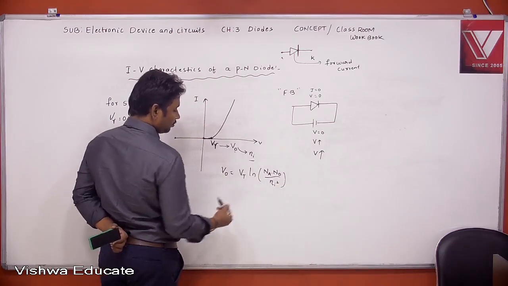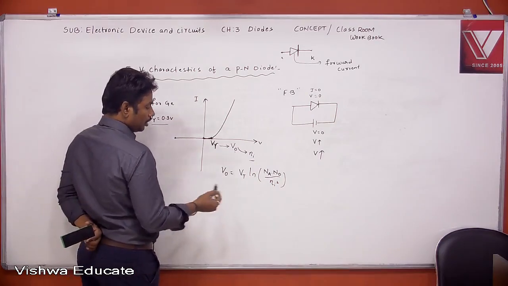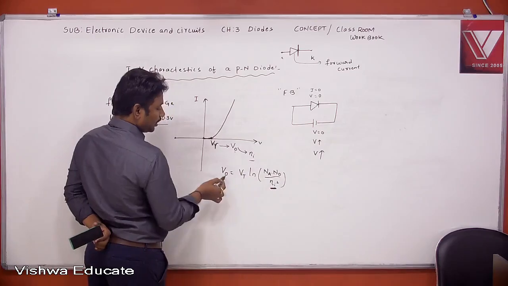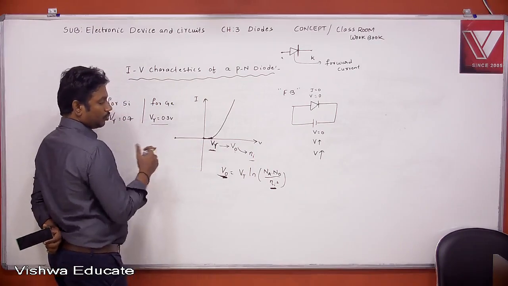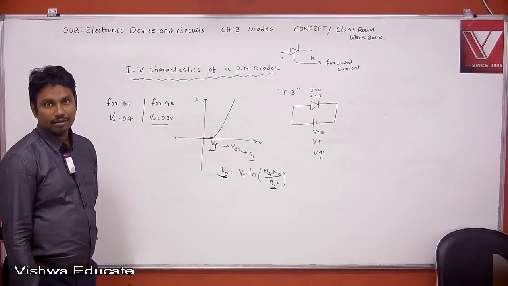Already we derived this in my previous lecture, the calculation of the built-in potential. Germanium has high intrinsic concentration, so it has low built-in potential, which means low cutting voltage. That's why germanium has lower cutting voltage than silicon.